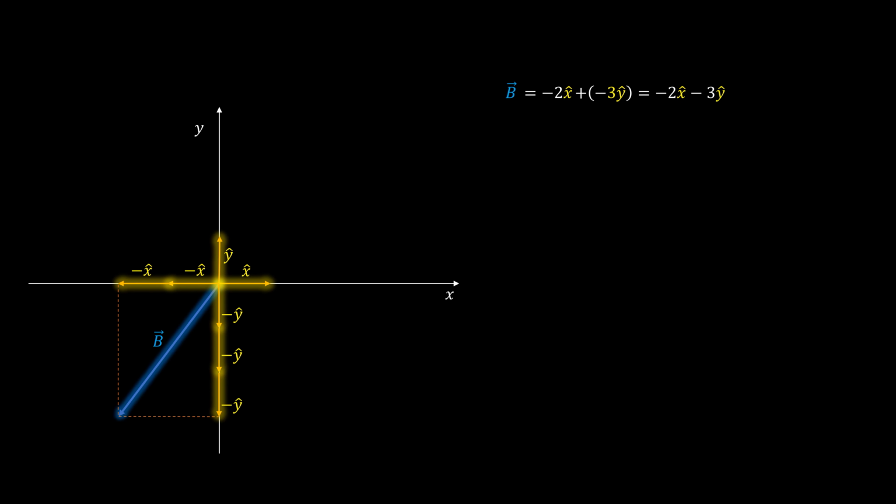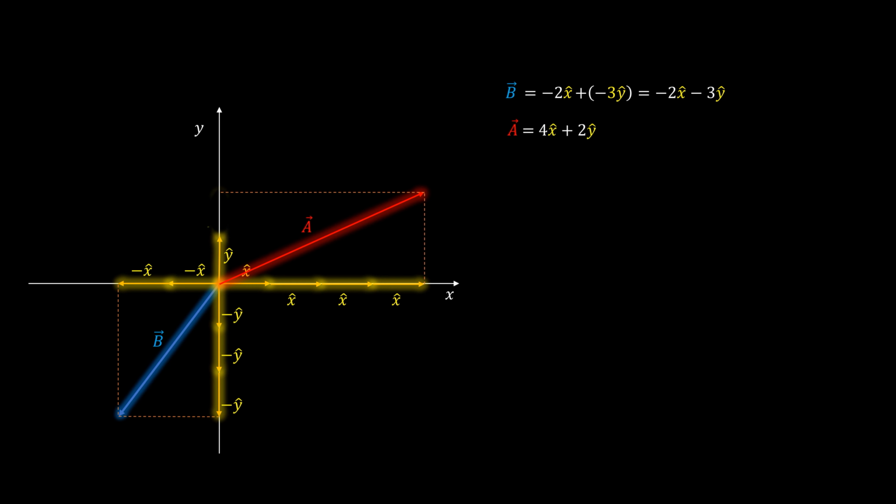We have a minus sign because we can specify vector B only in terms of inverse unit vectors which have a minus sign, or we can just say that vector B is in the negative section of the x and y axes. Let vector A be specified with 4 x hat vectors and 2 y hat vectors.